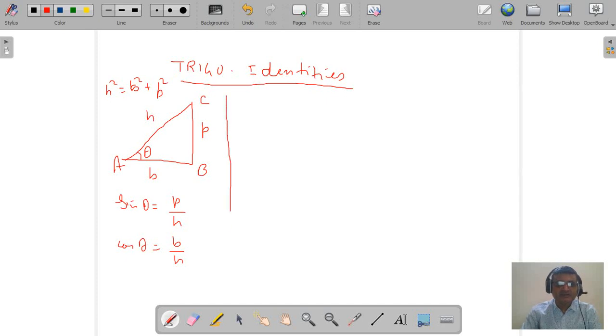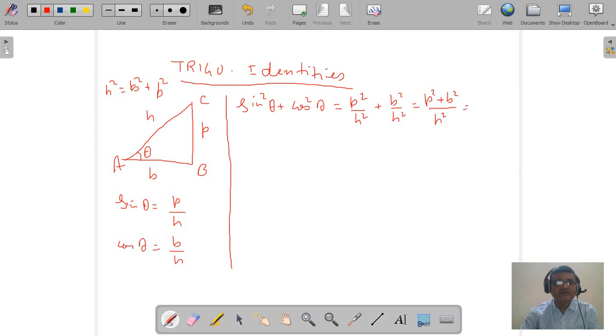So in this case what we are going to do, simply sine square theta plus cos square theta. So we are putting the value of sine square theta from here. So this is P square upon H square plus B square upon H square. So what we can see is P square plus B square upon H square.